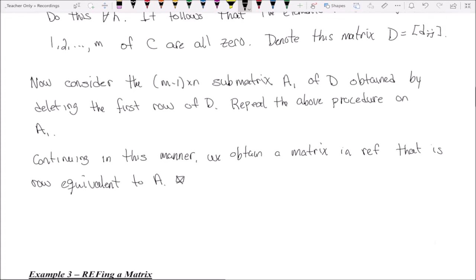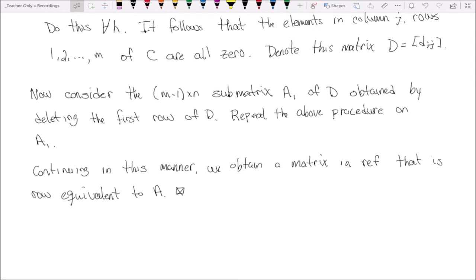What we will now do is look at an example of taking a matrix and putting it in REF.